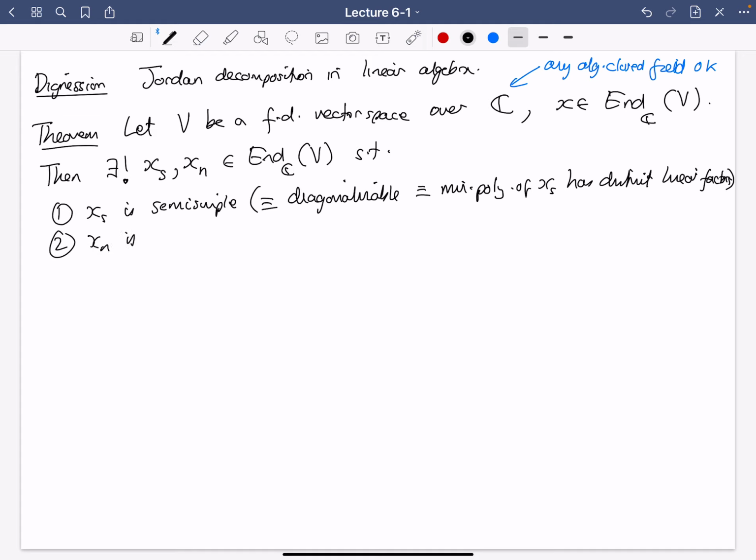Second, xn is nilpotent, so some power of xn is 0. We've certainly used that a bunch when we were talking about nilpotent Lie algebras and Engel's theorem. Thirdly, x is xs plus xn. So xs and xn sum to x, and finally, xs and xn commute.